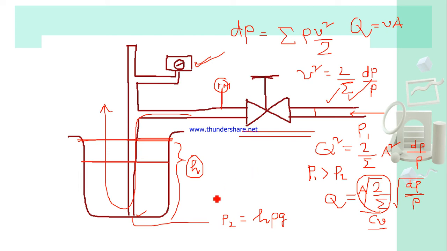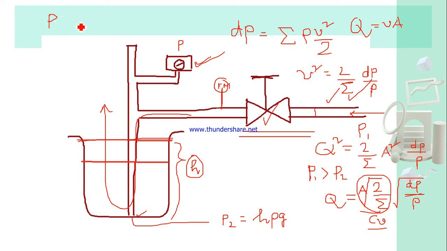So by calibration you can establish the relationship between this pressure gauge reading and this height. You can apply a certain pressure and open this valve until the bubble is created, and then you can make a chart.